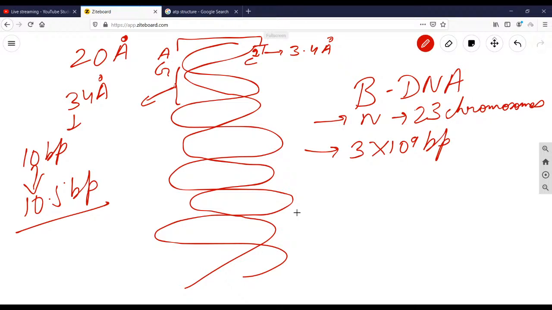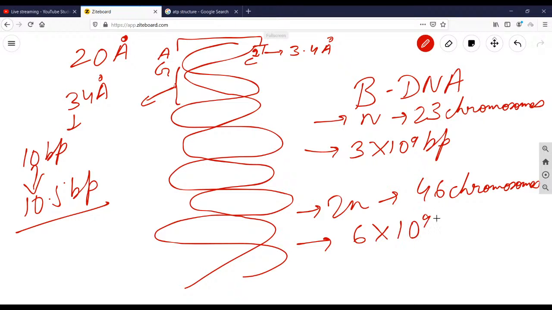In a diploid cell, 2N, like any somatic cell, like your skin cell, you have 46 chromosomes. So the number of base pairs is 6 billion, 6 into 10 power 9 base pairs. This is base pair number 1, this is base pair number 2, like this. So many base pairs are there.